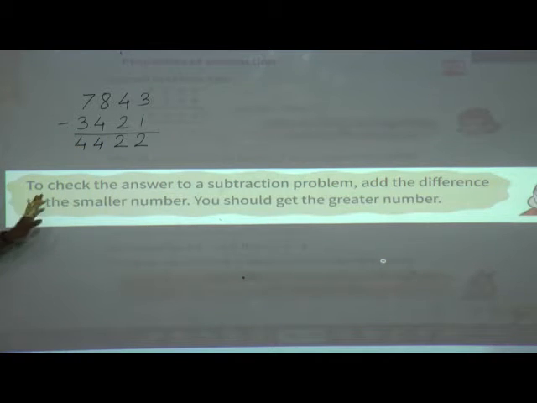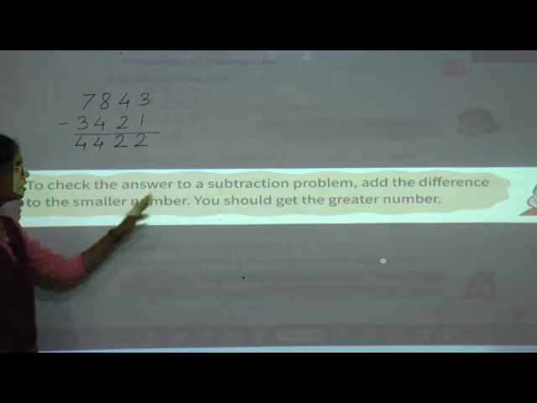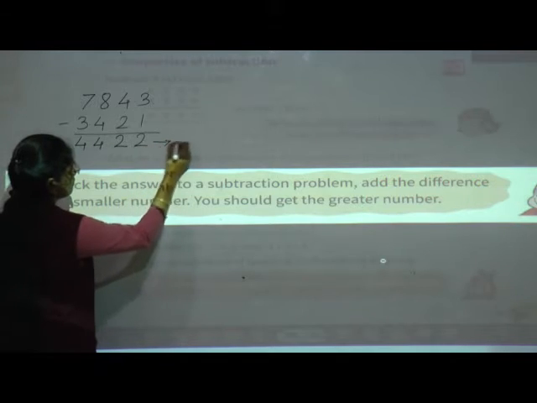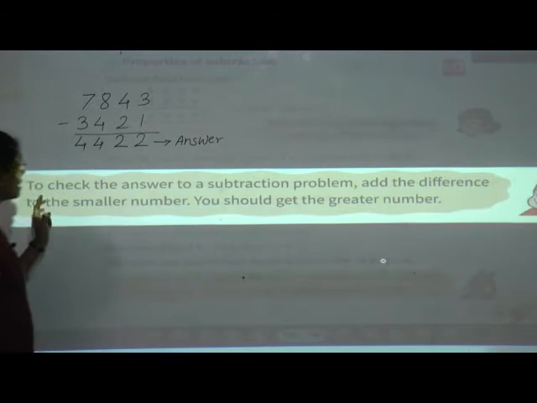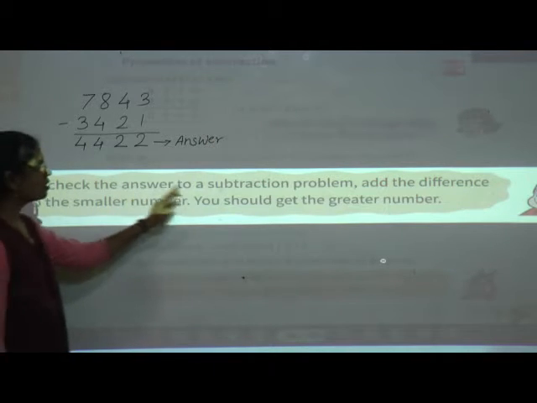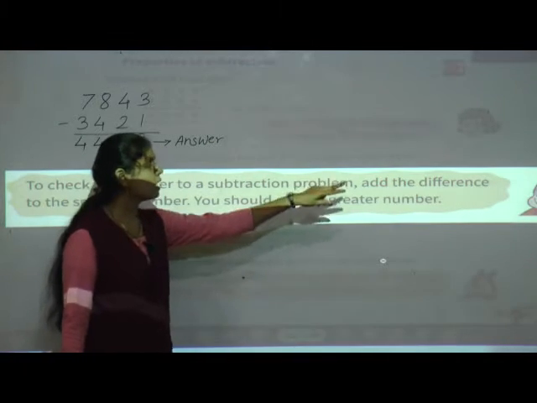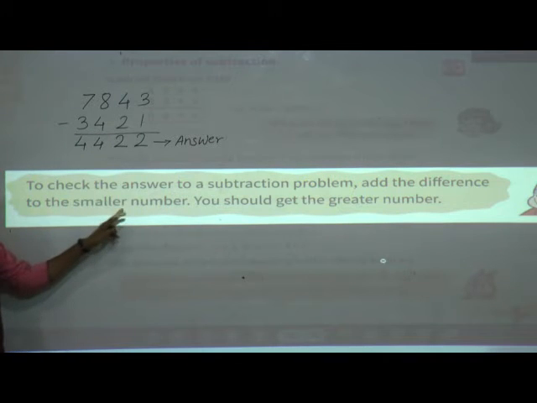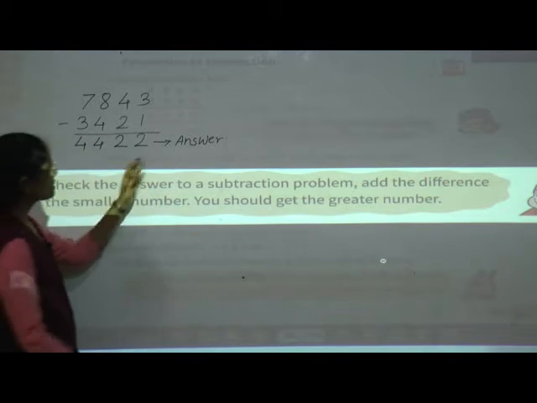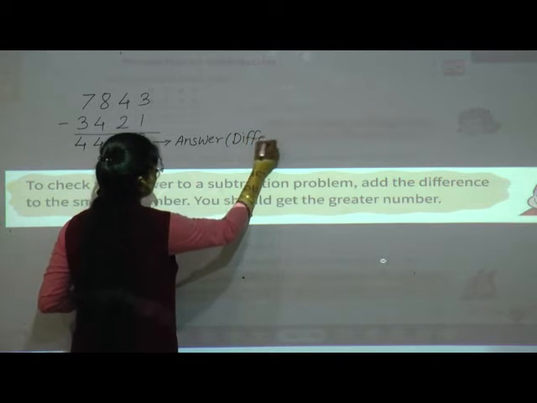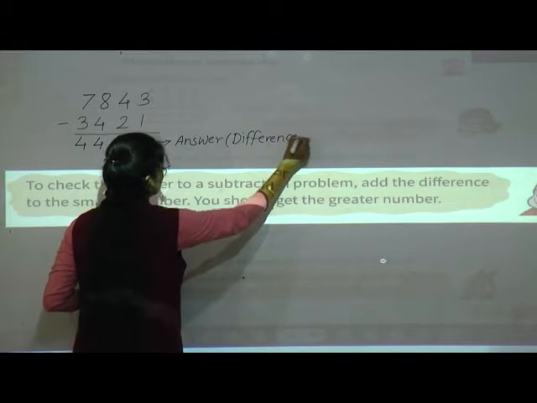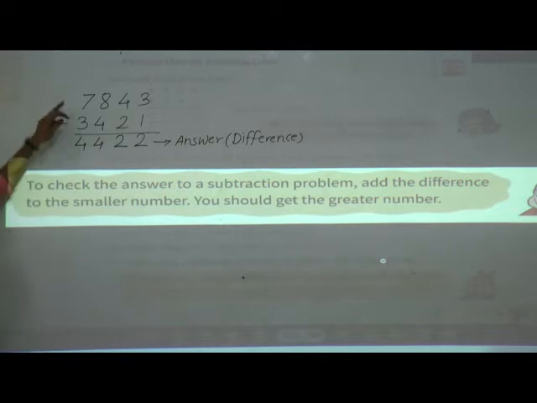Okay. Now what is the rule? To check the answer. Now this is the answer. To check the answer to a subtraction problem, add the difference to the smaller number. Okay. Now answer means what? Difference. Okay. Now here in these two numbers, which one is greater?